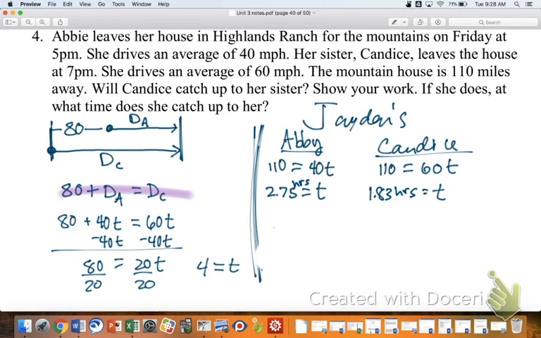Okay. And then since Abby left 2 hours before Candace, I took 2 hours away from her time to get there, and it was 0.75, and it would take Candace 1.83 hours to get there, so Abby would still get there before, in less time.